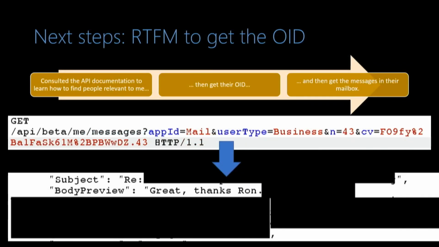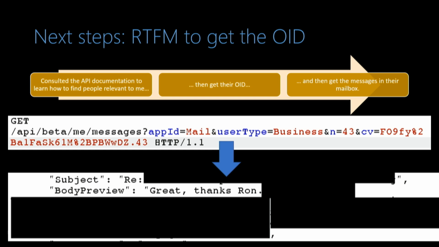I consulted the API documentation from Microsoft to see if there is a way for me to retrieve the OID of other people. It turns out there is an endpoint that you can query, and it will return their OID to you without any user interaction. So with this JWT, I can get other people's OID without their interaction.